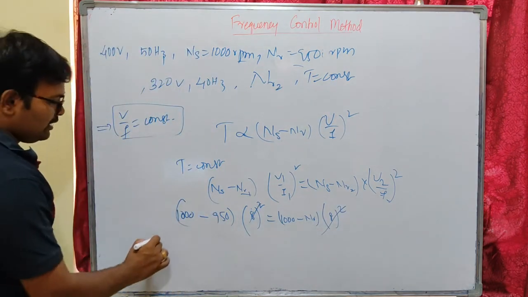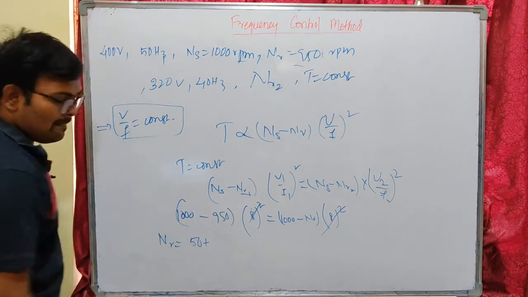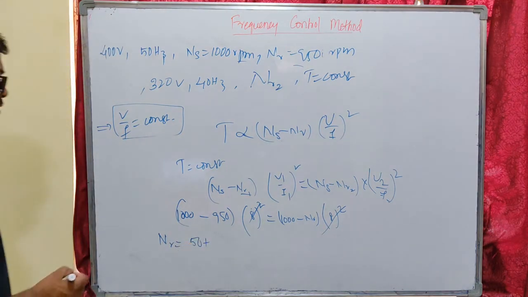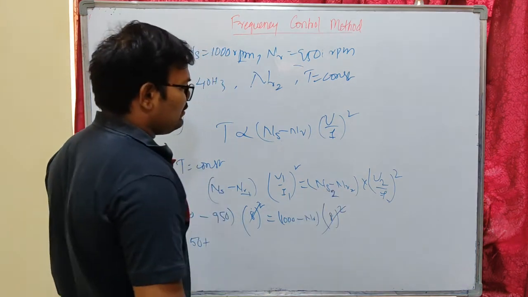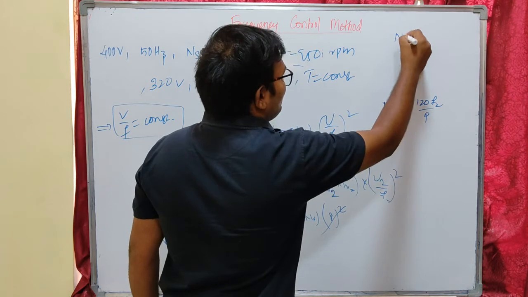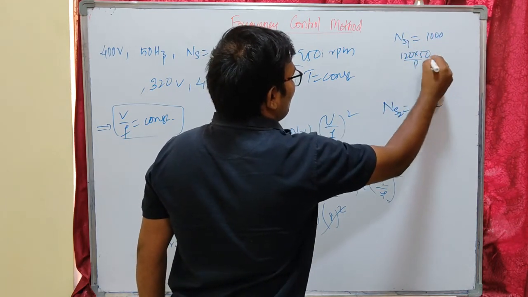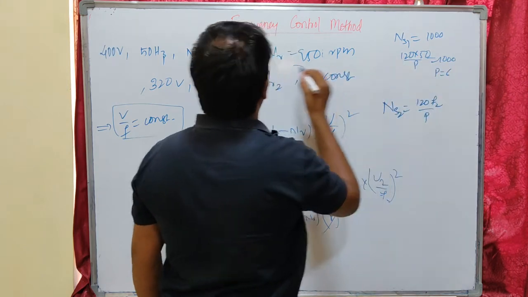Ns2 is something different, right? Because the frequency is changed, Ns2 will be 120 into F2 by P. P can be found from Ns1, which is equal to 1000 here, that is 120 into 50 by number of poles equal to 1000, that will become P equal to 6 from given first Ns1.